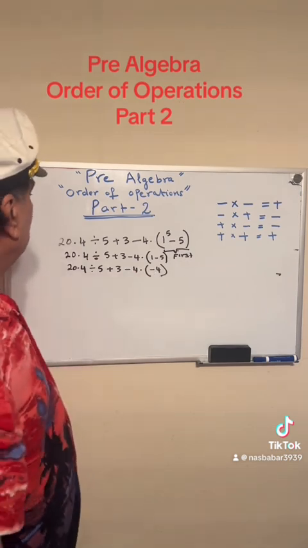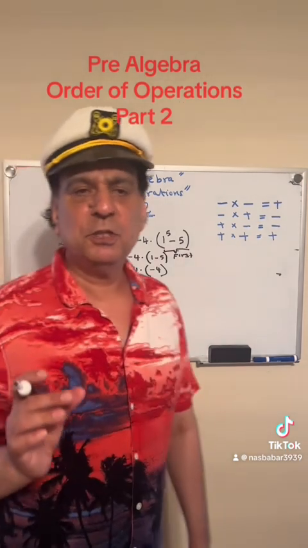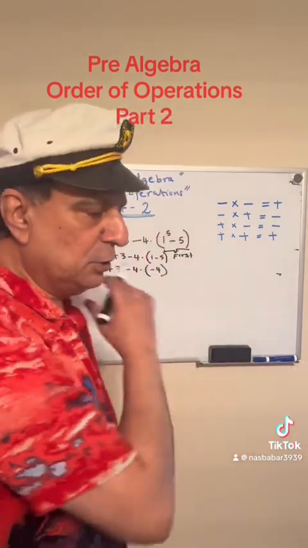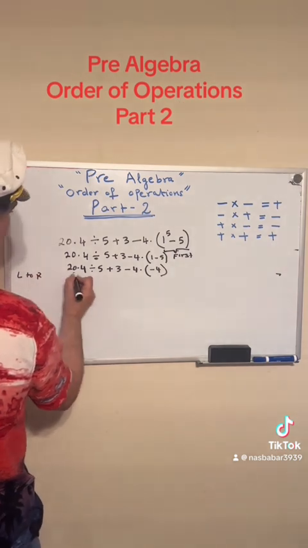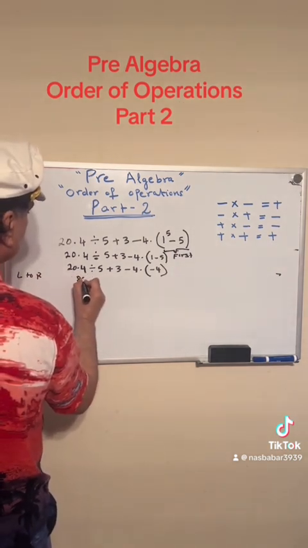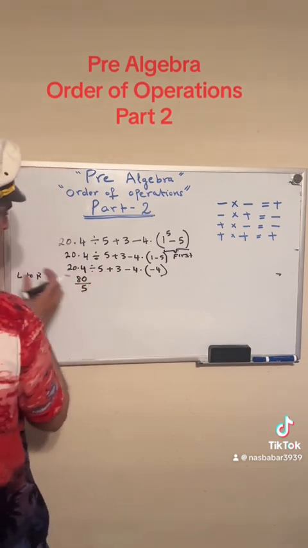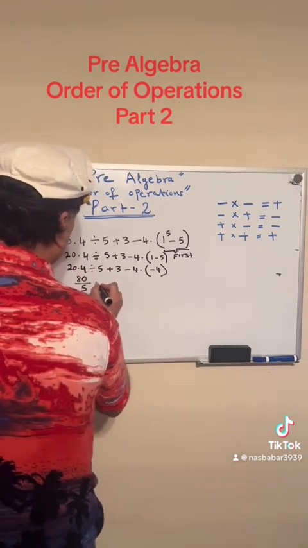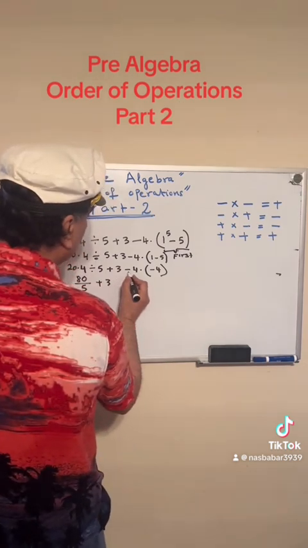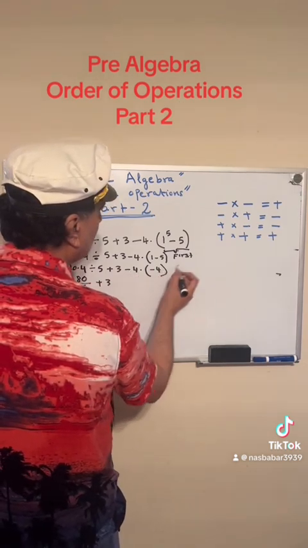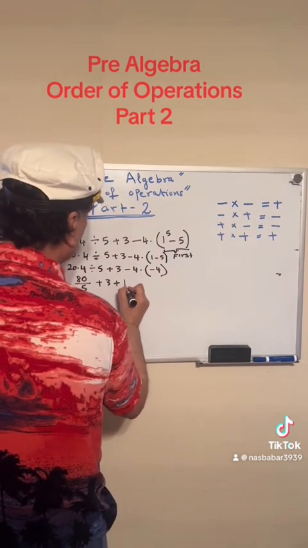The rule of thumb is if you have a mixture of division, multiplication, subtraction, and addition, you go from left to right. 20 times 4 is 80, divided by 5, plus 3, I'm going to leave that the way it is, and then minus 4 times minus 4. Minus times minus is plus, so this is going to make it plus 16.